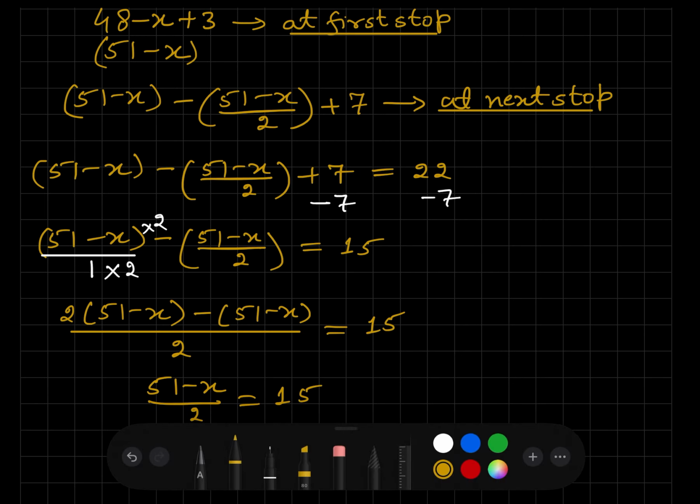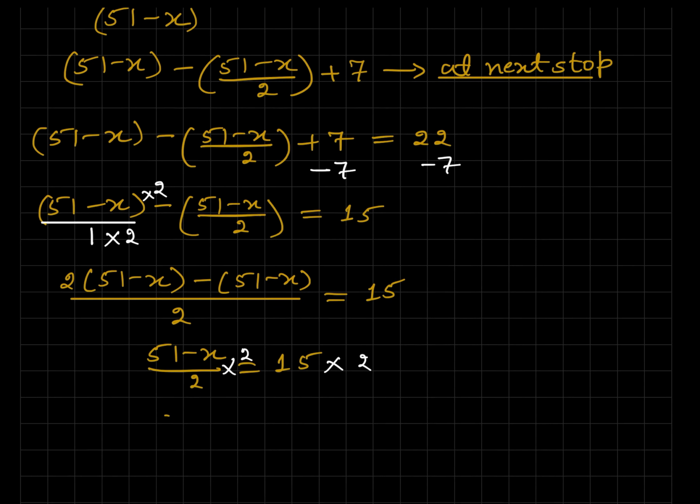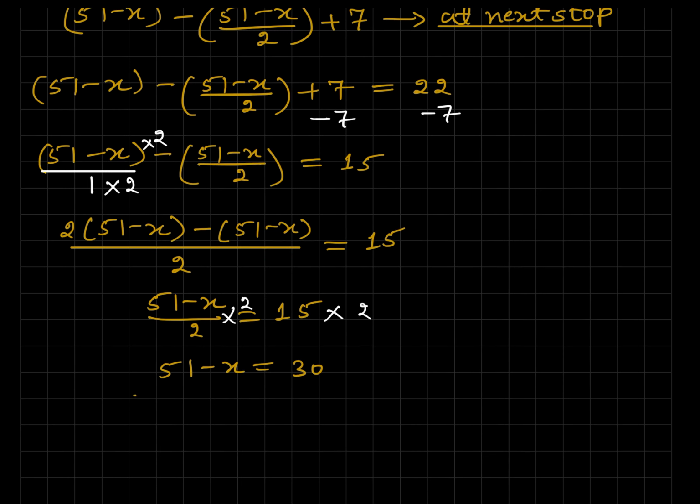And now we have to get rid of this 2. So I can multiply by 2 up and down. Oh, sorry, I can divide by 2. Wait, let me do it here. We can multiply by 2 on both the sides. So what we are left with is 51 minus x is equal to 30, and then let us do minus 30 on both the sides.